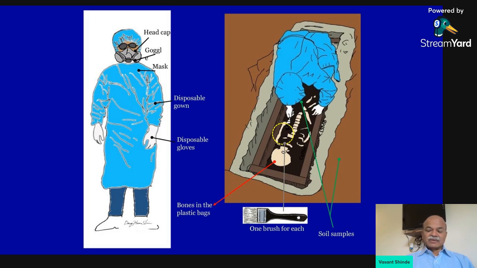But let me tell you that our research at Rakhigarhi happened between 2011 and 2016. Before that, in 2007 and 2008, I also excavated one site called Farmana, which is roughly 30 kilometers away from Rakhigarhi, and Farmana has one of the largest Harappan cemeteries.